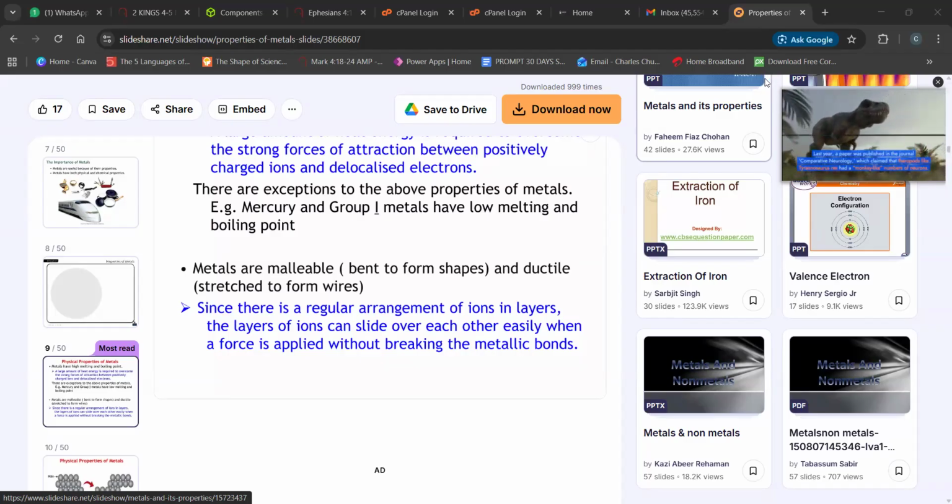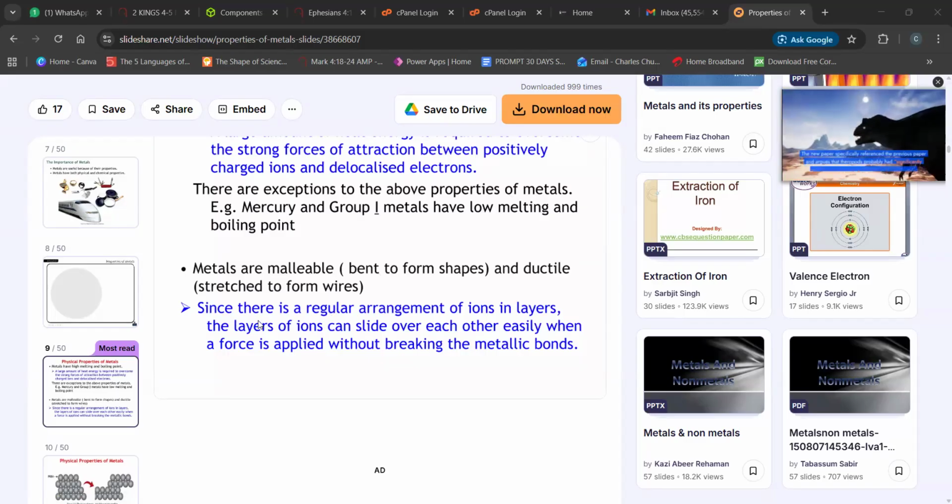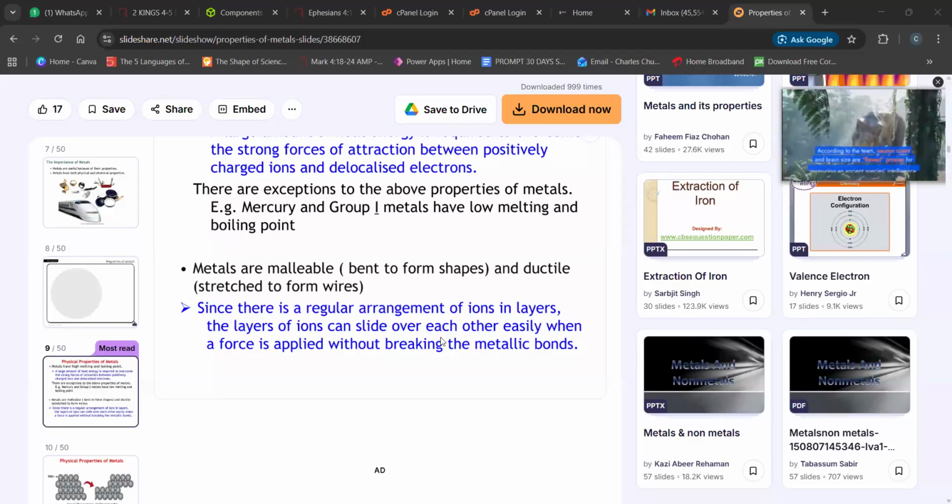So there you go. That's the explanation for why malleability and ductility are both possible. The regular arrangement of ions in layers makes it possible for them to slide over each other easily when a force is applied, without breaking metallic bonds.